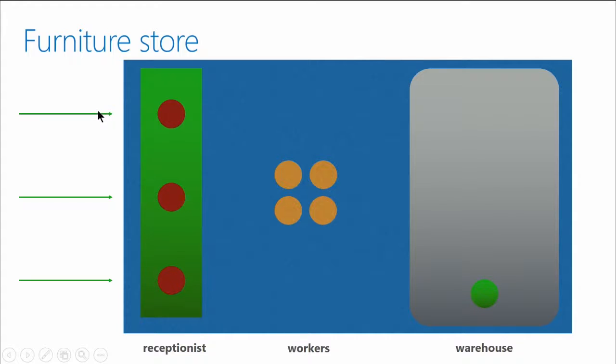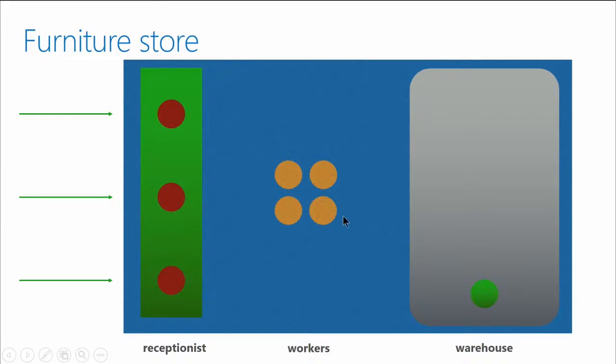What happens in this furniture store is composed of 3 distinct parts. The first layer is the receptionist. In this store, we have 3 receptionists who wait for customers to come in with a particular order about what the customer wants, and the receptionist then hands off that order to the workers.